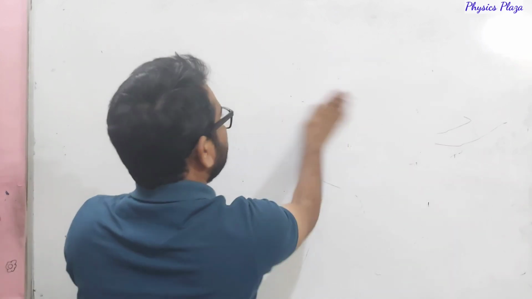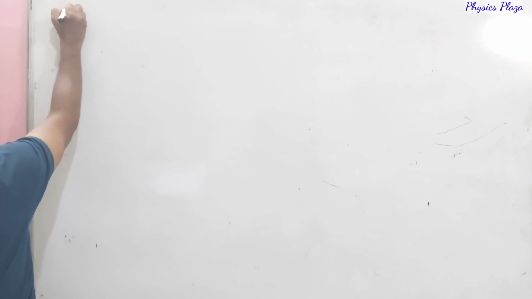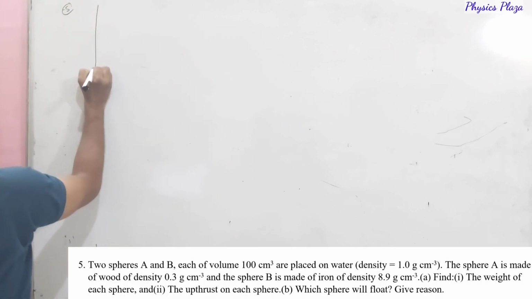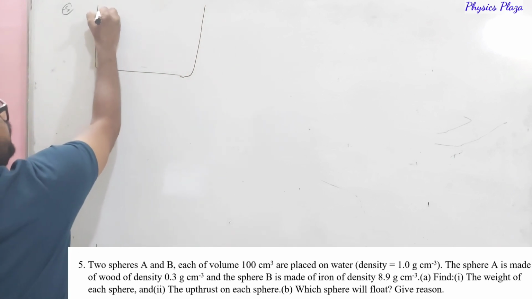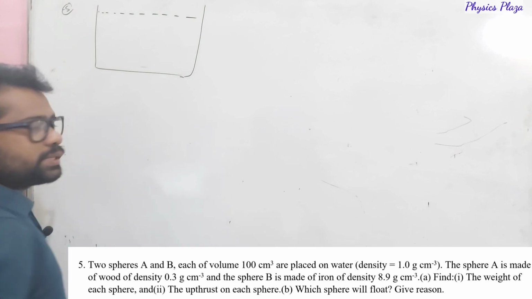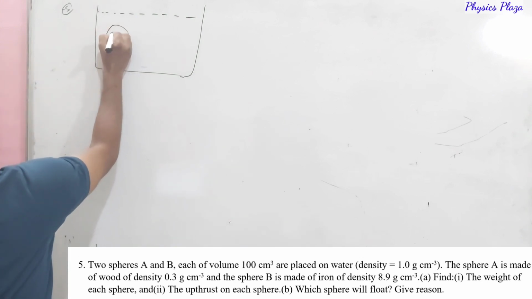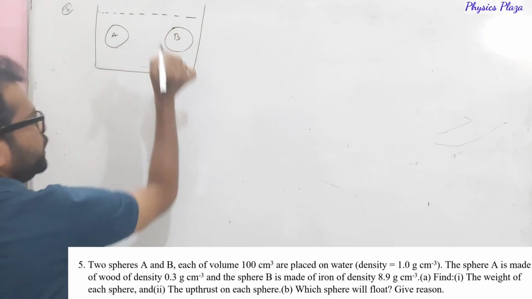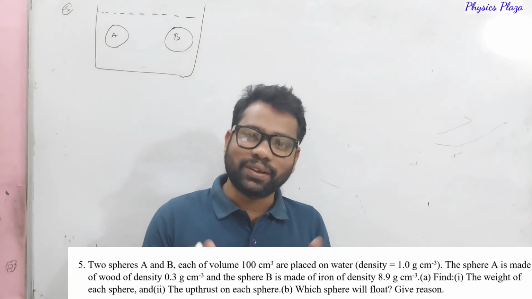Now let us move to numerical 5. Look at here, numerical 5, children. It is given that, let us take here a container in which water is taken. So two spheres, let us say sphere A and sphere B. Now it's not that one is hollow and another is solid, both are solids only.